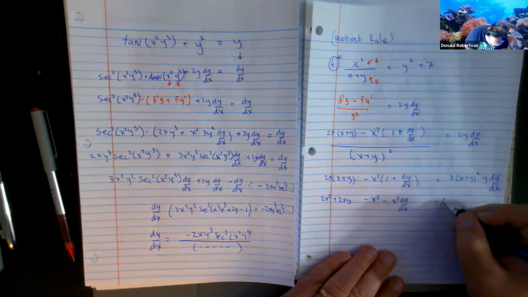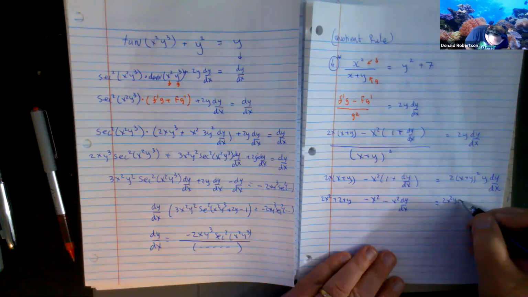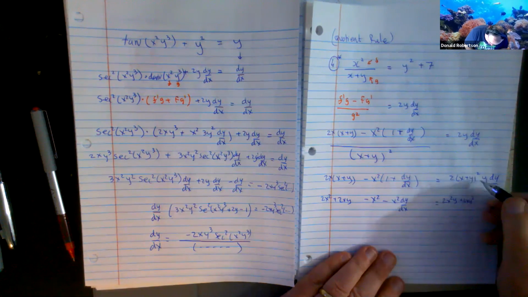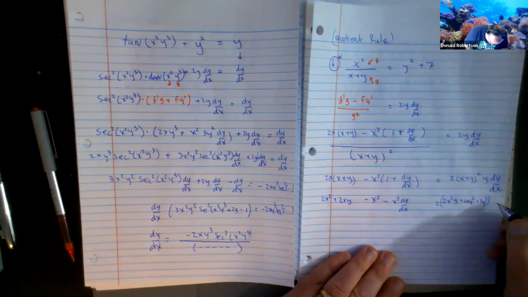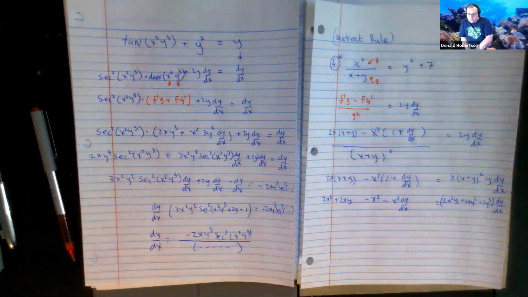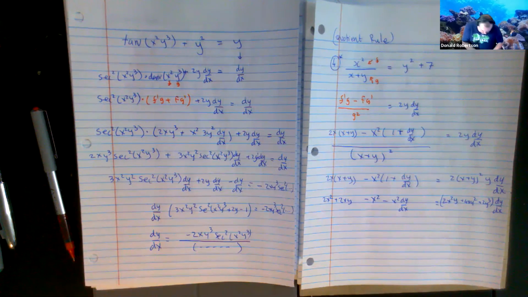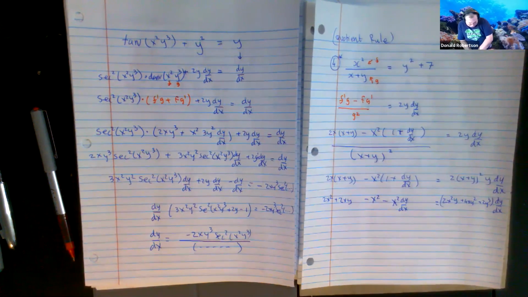So 2x squared y, 2xy, 4xy squared, y squared plus 2y cubed dy by dx. Yeah, good thing to do. Where do we go next?